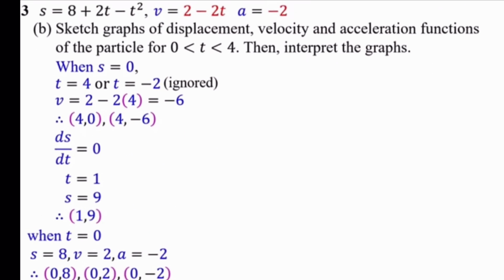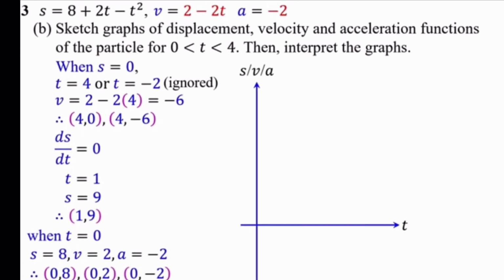sketch the graph. Right? So we are going to sketch the graph based on the information s equal to 0, t equal to 4, and then t equal to -2. The negative part of the time we won't sketch any line.